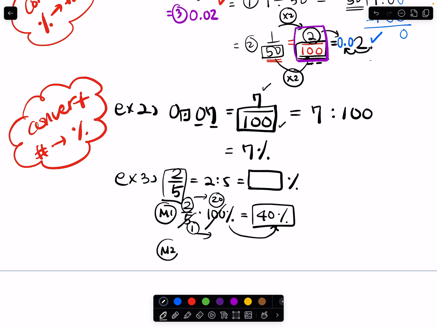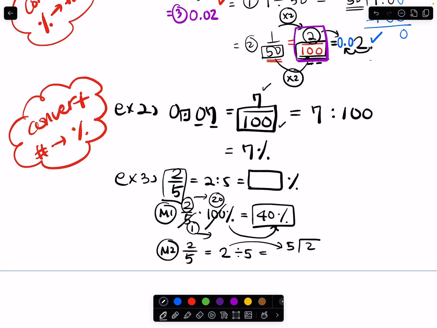Method number 2. It is 2 over 5. That's a typical way, you guys know, it's the same as 2 divided by 5, right? We all keep saying, what's the first number that becomes the dividend? The second number is the divisor.